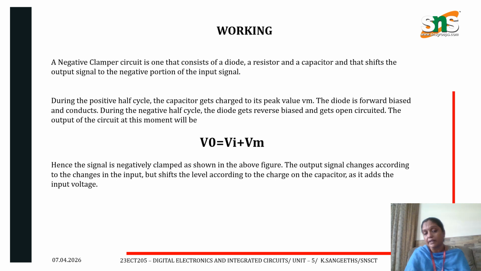During the positive half cycle, the capacitor is charged, and it stores the energy, and during the negative half cycle, the charged energy is added to the input signal, and it shifts the input waveform to the negative side.